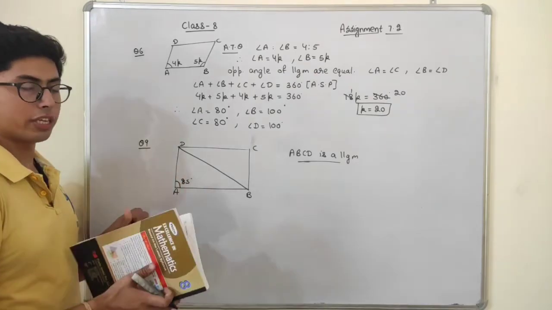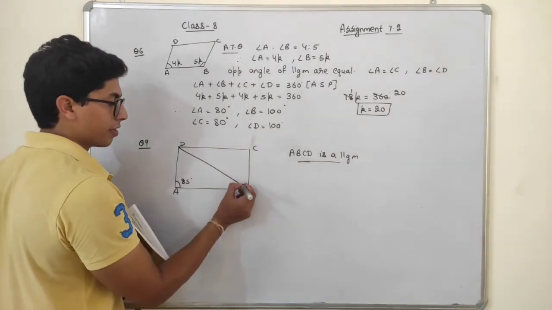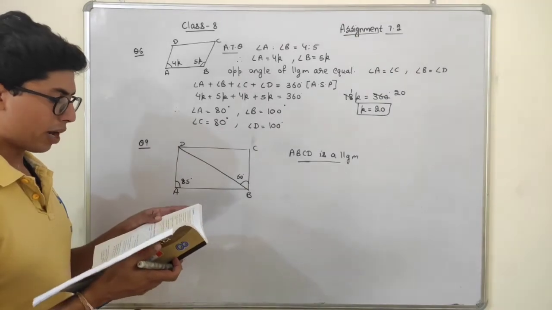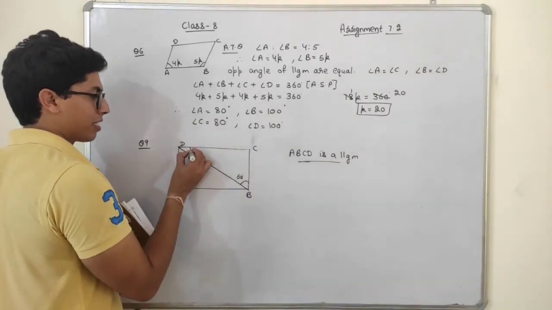It is given in the question. Okay, and angle DBC, this is 60 degrees. Now I have to find out CDB. That means this angle I have to find out.